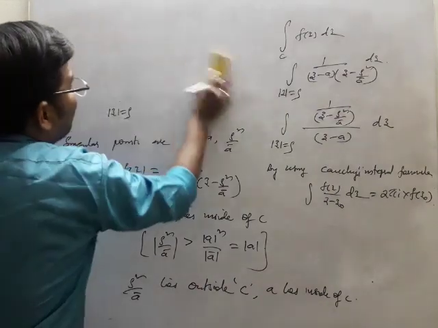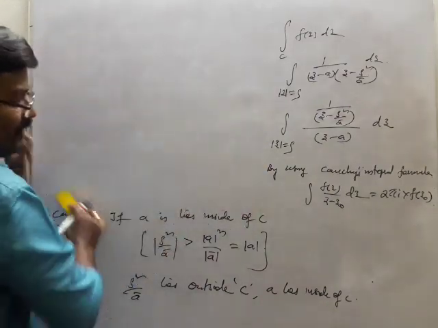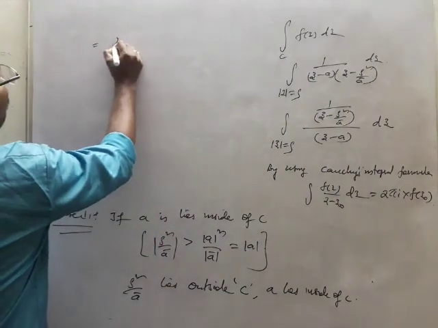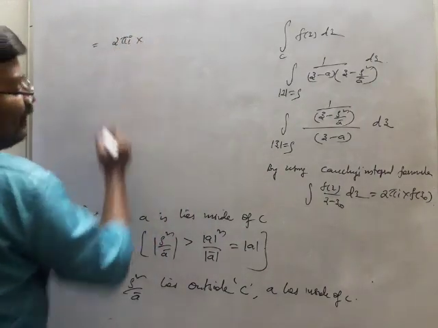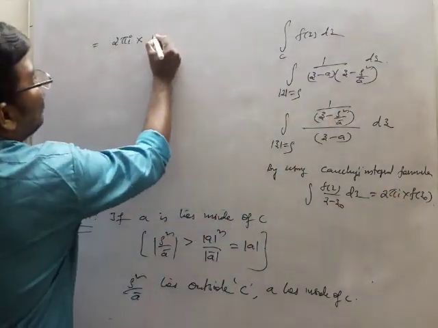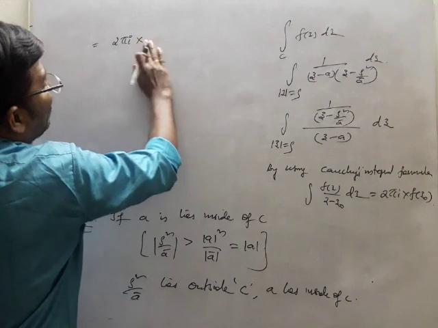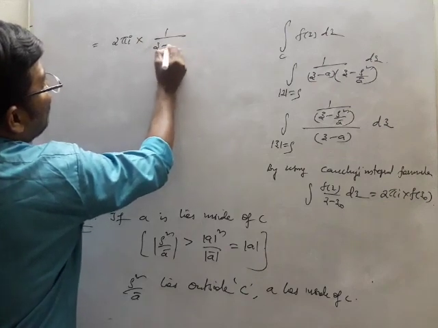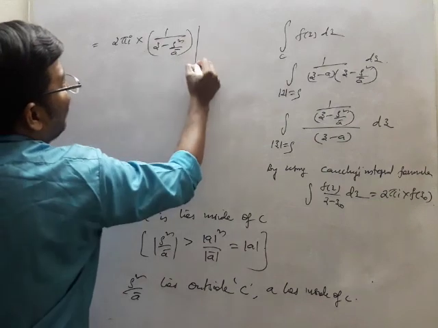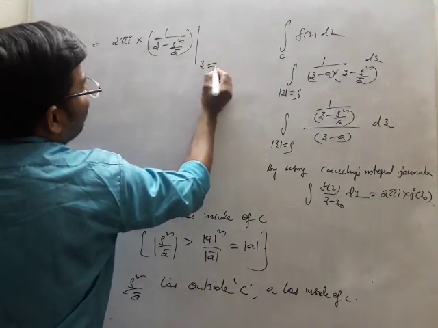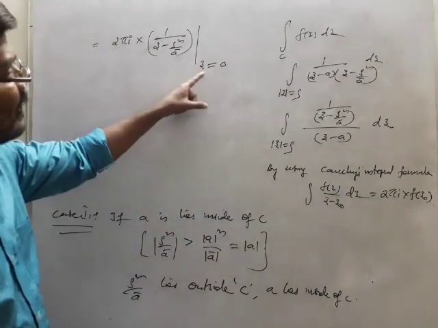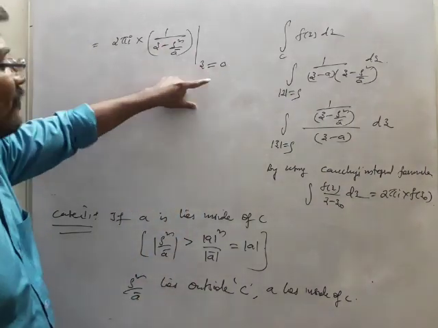That is equal to 2 pi i into f of z naught. So f of z naught I may write as 1 by z minus rho square by a bar, at z naught, that is, at z equal to a. This I should find out now.